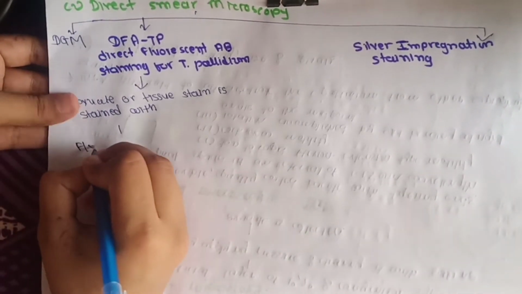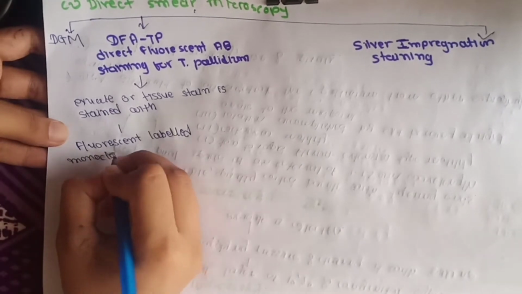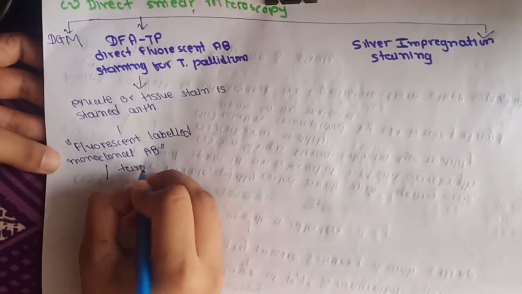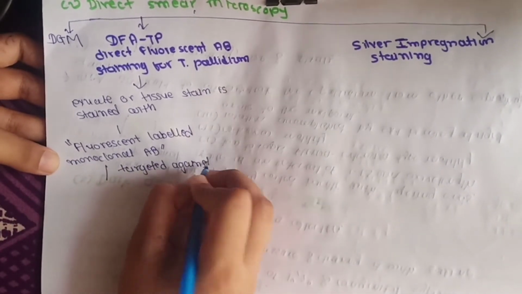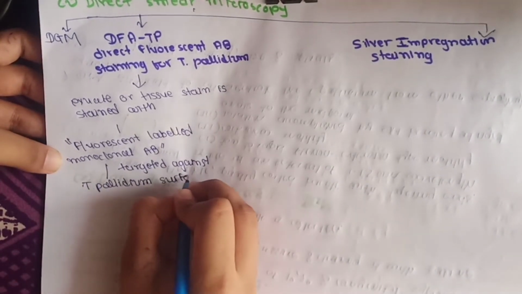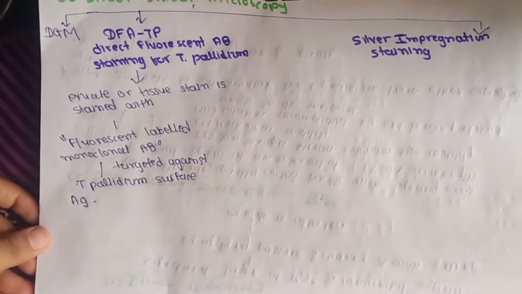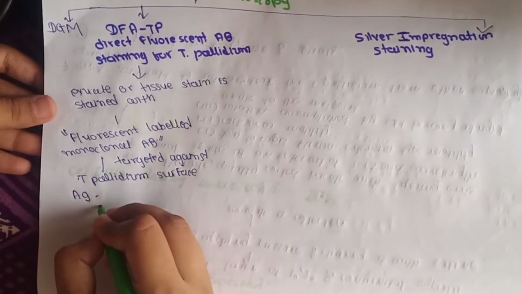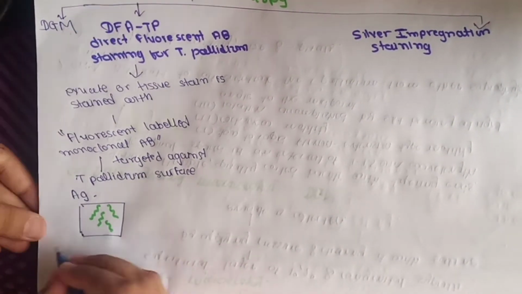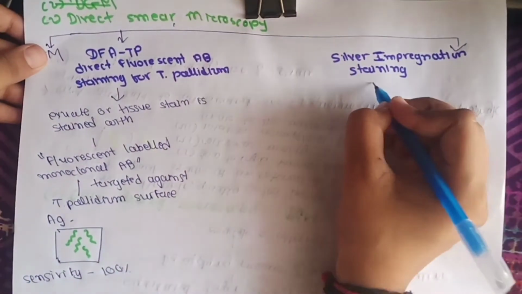This antibody is targeted against the antigen. Which antigen? The T. pallidum surface antigen. So, if there is Treponema pallidum, then it will be identified by this fluorescent labeled antibody and look like apple green fluorescent colored bacilli. The sensitivity of this test is 100%.